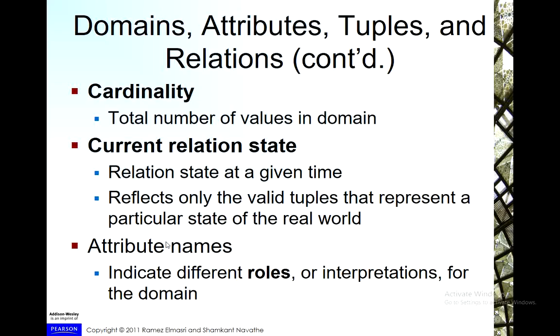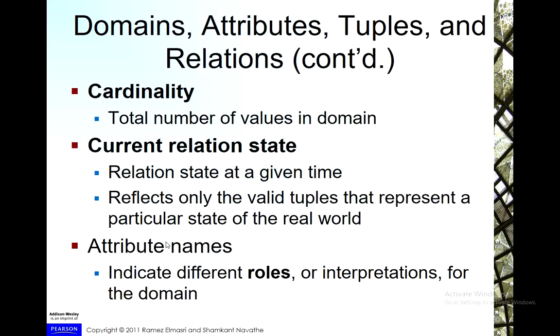So the cardinality here is 11. That means the total number is 11, no less, no more, because there is no more than 11 players that can be participating in the pitch at that specific time. So the cardinality is the total number of values in that domain.